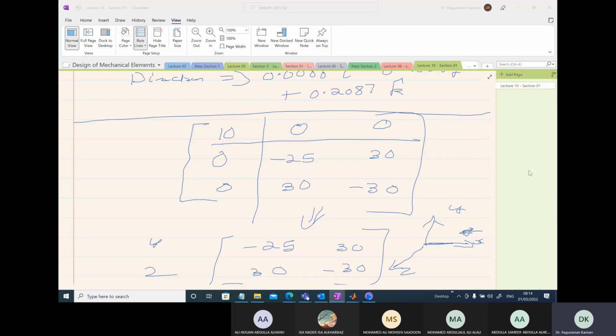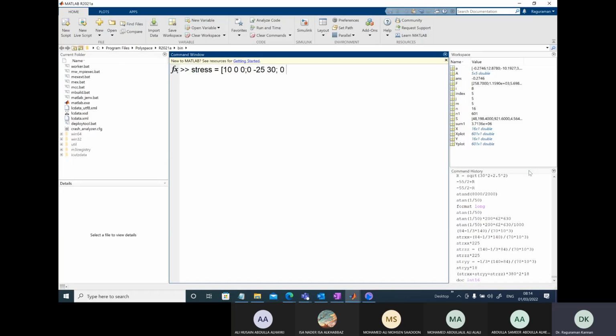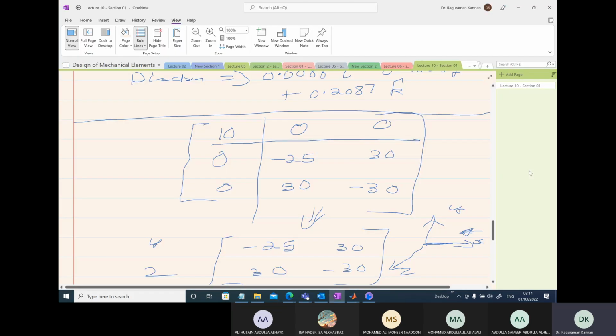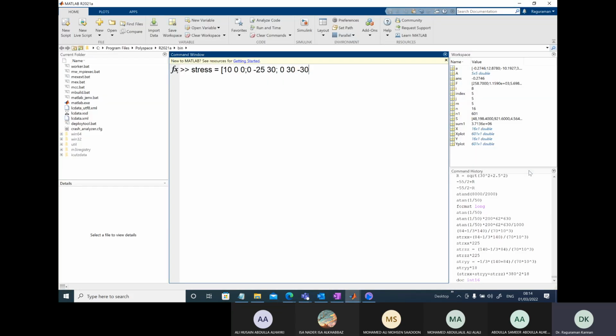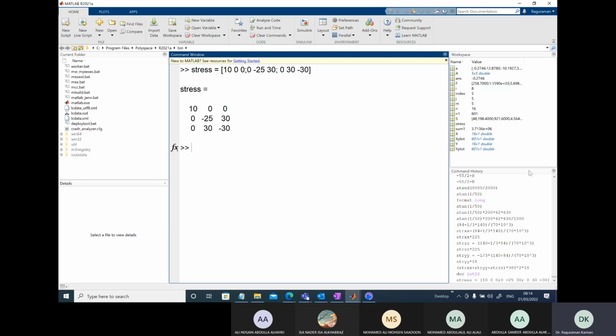And after that, we have 0, 30, minus 30. This is the stress matrix. Let's get the eigenvectors and eigenvalues for this matrix.